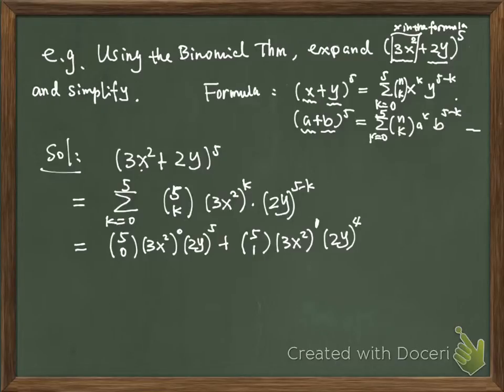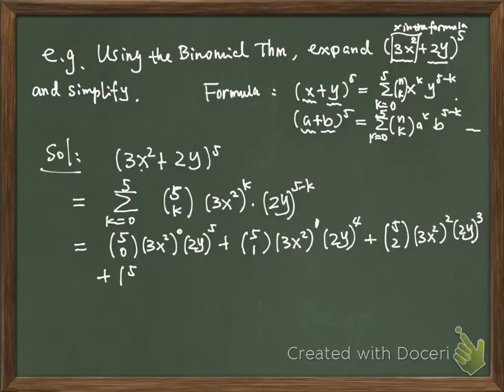Okay? And then we keep incrementing k by 1. Therefore, for the next term I will have k equal to 2. So I have 5 choose 2, 3x squared to the square, 2y to the cube. You see the pattern here, so I'm going to go a little quicker for the remaining terms.